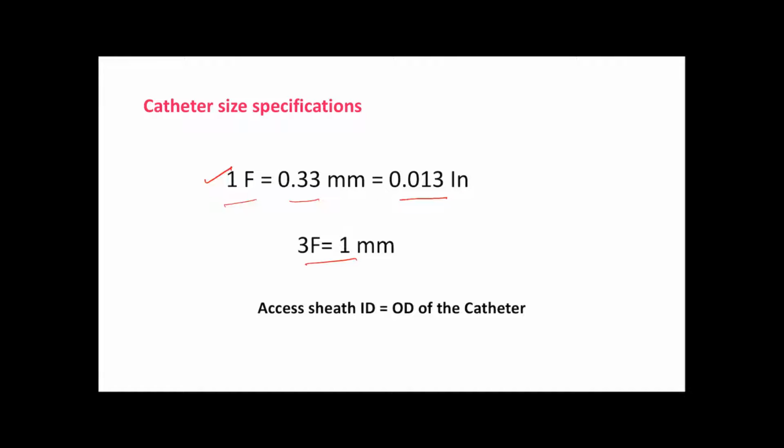Since I said one French is 1/3 of a millimeter, 3 French is equal to 1 millimeter. These unique measurements or units that are used in intervention, you should be really acquainted with, because it's going to help you in deciding which hardware you're going to use.